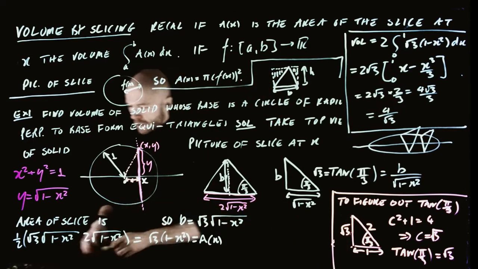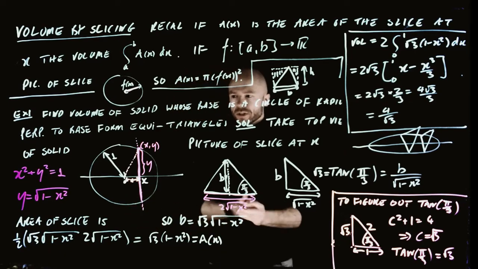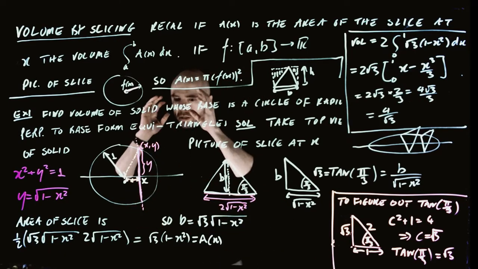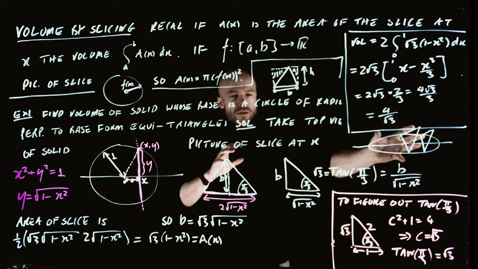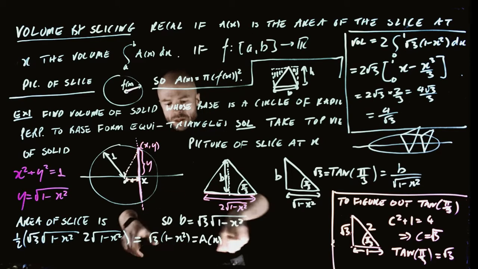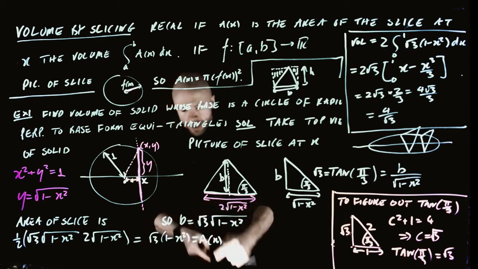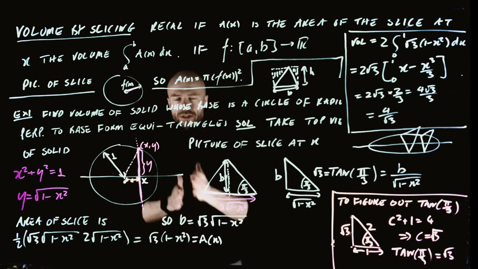Cool. All right, let's go over the steps that we did. What did we do? Okay, so we have our 3D type picture. We actually drew something on a piece of paper and visualized these equilateral triangles coming up. Yeah? And then we decided which way we're going to slice it.